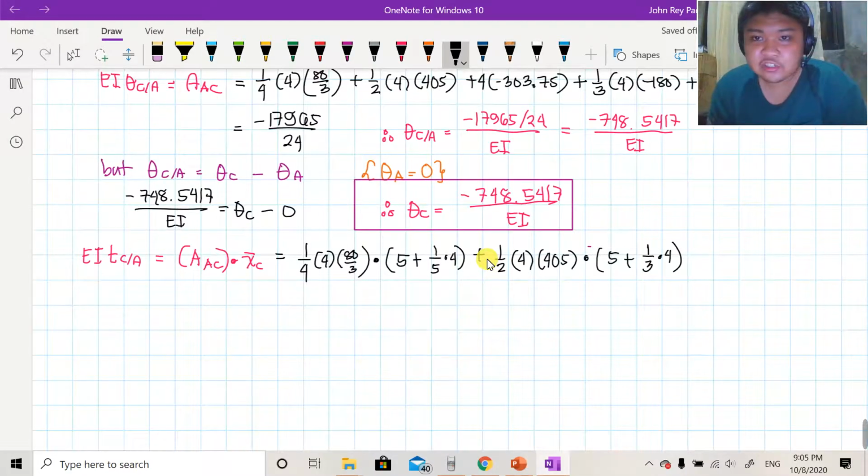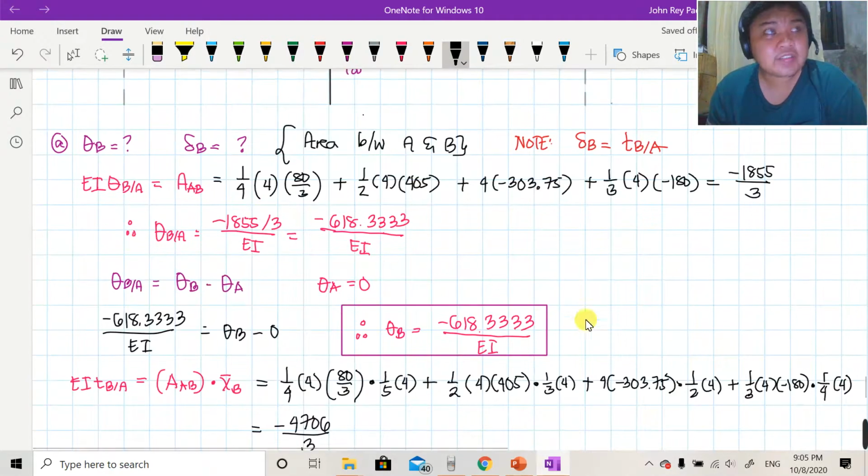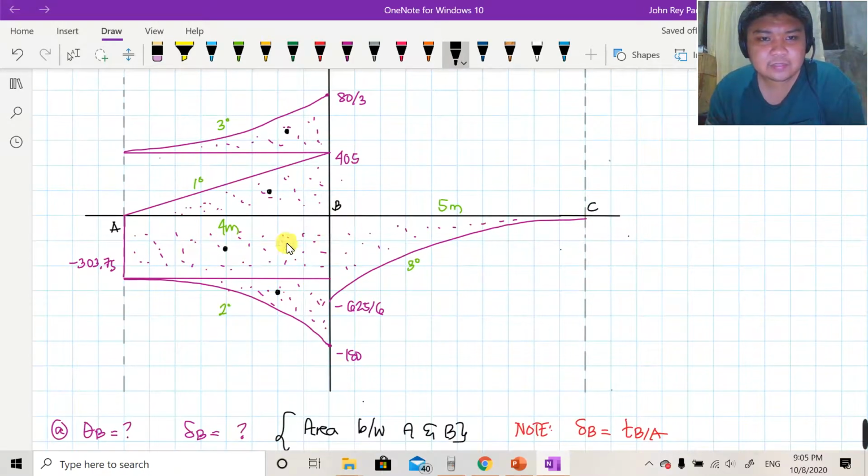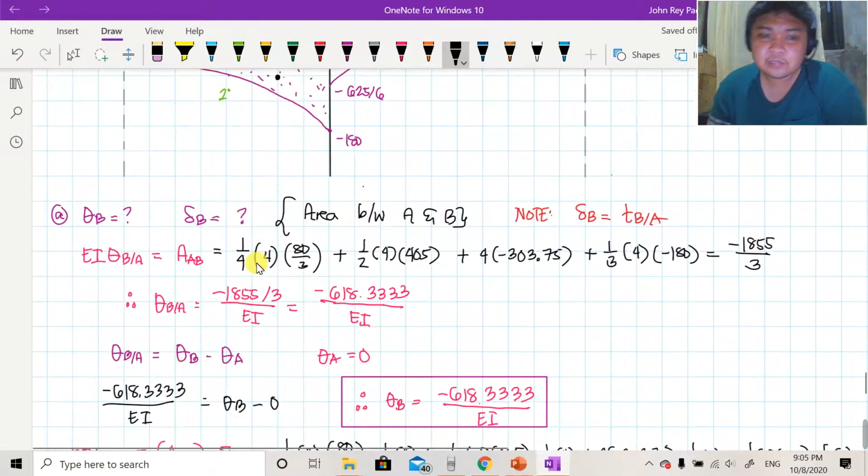Okay, next natin na i-consider is yung rectangle na 4 tapos negative 303.75 and that will be equal to 5 plus 1/2 ng 4. Tama ba? Well, of course, tama siya. Kasi nga, ang mangyayari, this will be 5 meter tapos kalahati ng 4 meter.